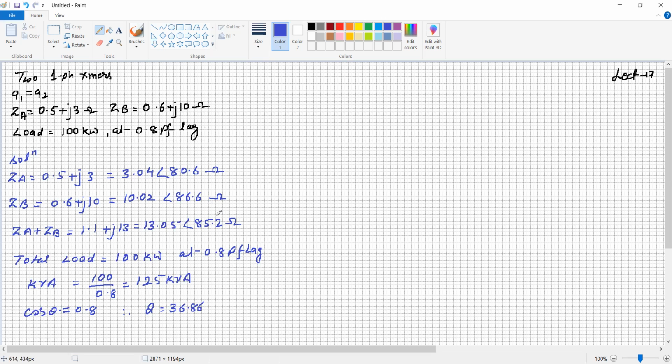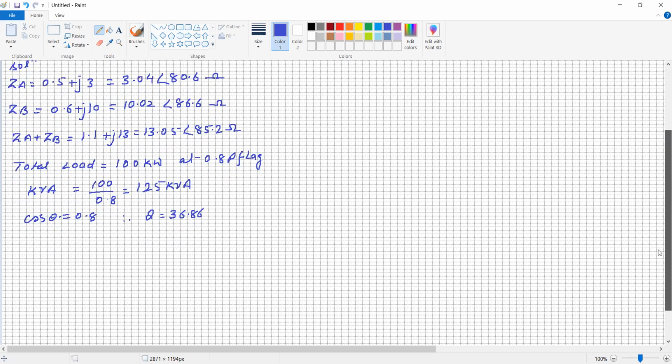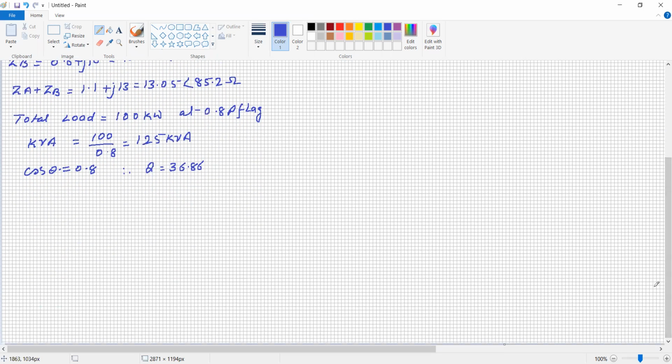Here, we can write the load SL as a complex number in kVA, that is, kVA at an angle.